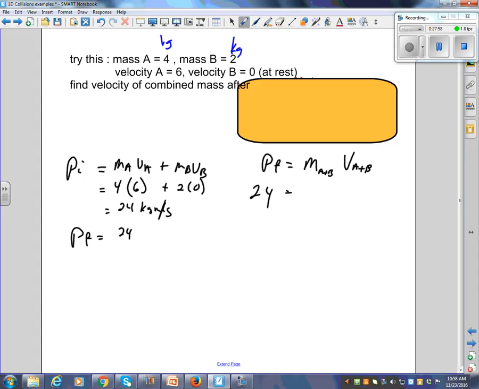What's the mass of A plus B? It's 4 plus 2, right? It's so simple here that everybody knows it's 6. So that's going to be 6 times the velocity of A plus B. And this is 6 times, so what do we do? And so the velocity of the combined system is equal to 4 meters per second.